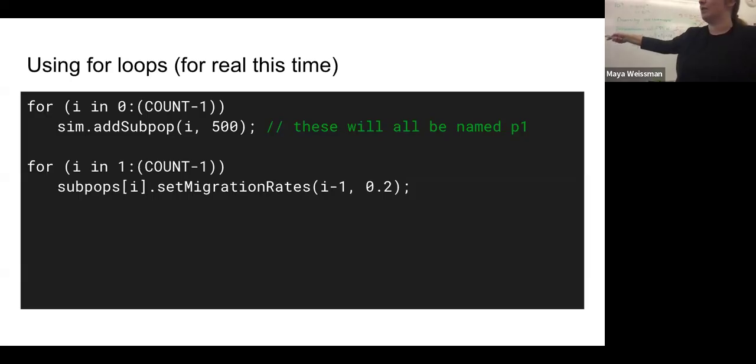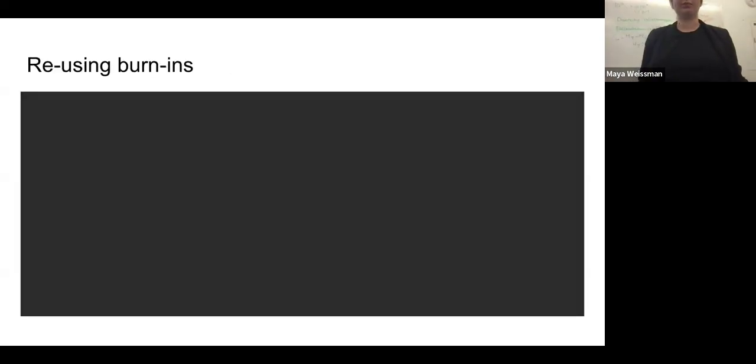So with subpop i, set.migration rates, the subpopulation before it immigrates into that subpopulation at a rate of 0.2. So this is kind of like a one-directional stepping stone model.